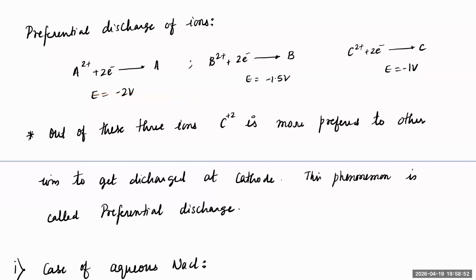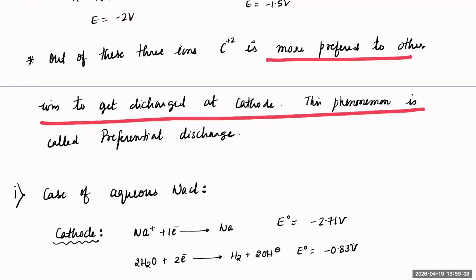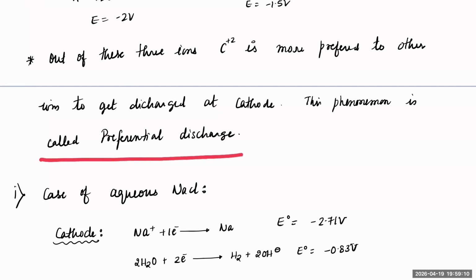Therefore, C2+ has more chances to get preference over the others. So it will always be the first one to get reduced. It is more preferred compared to the other ions to get discharged. This is called preferential discharge.